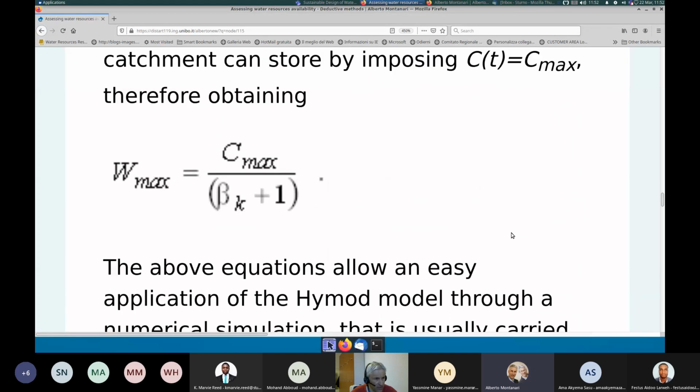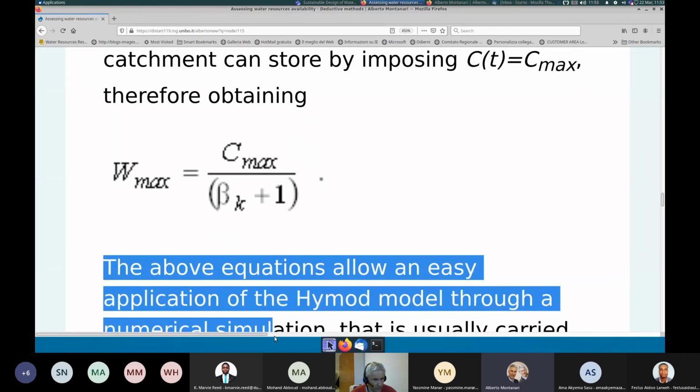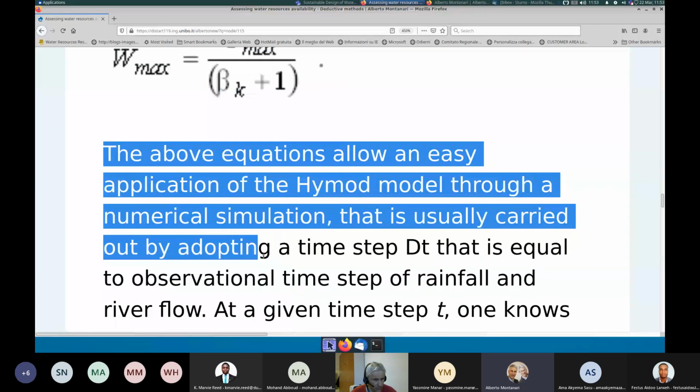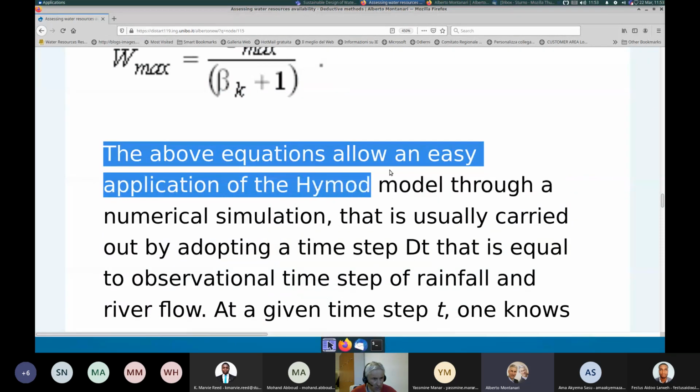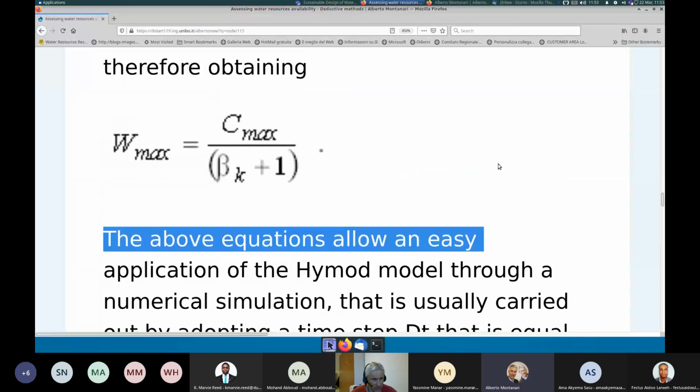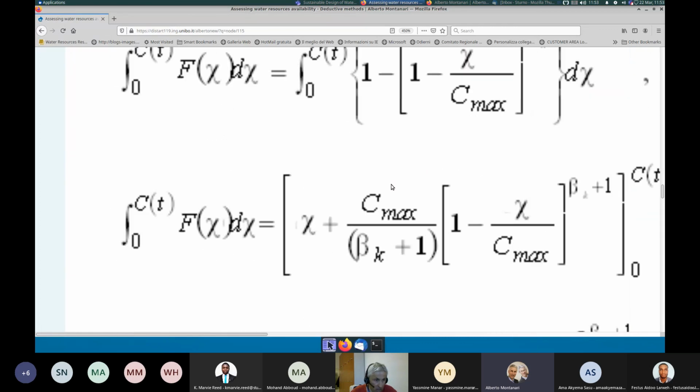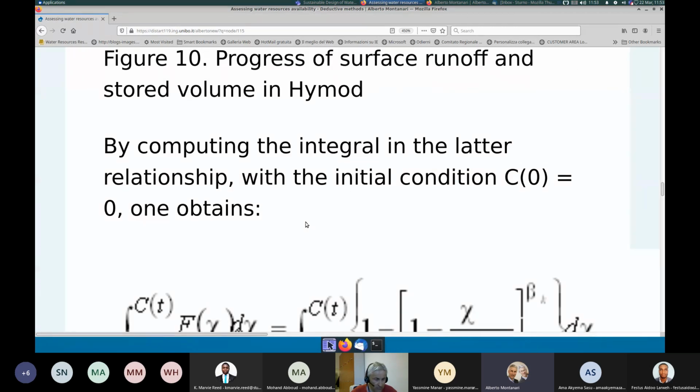Let's have a look until this equation, until here. This is excluded, okay? Get to read until this equation included, which, if you want a reference, is just below figure 10.